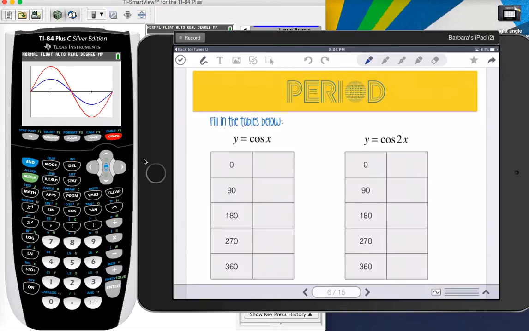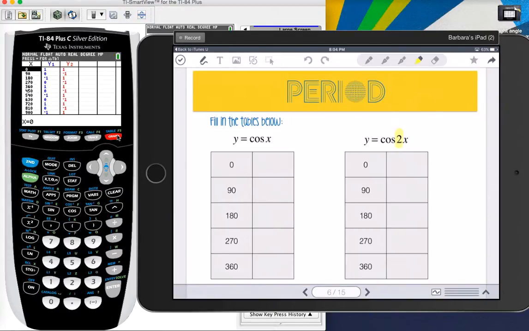Now we're going to look at something different. So you'll notice now that the number is instead inside. So I'm going to go over to my graphing calculator and I'm going to change it to be cosine of x and cosine of 2x. Okay, I'm going to go to my table to see my values.